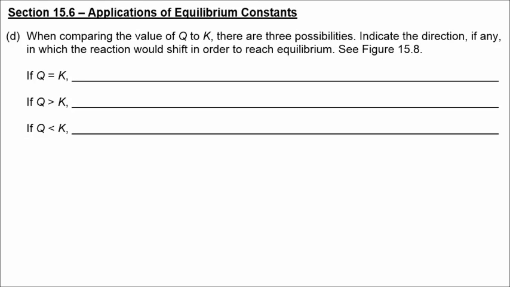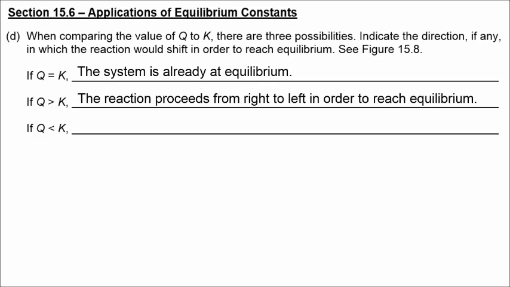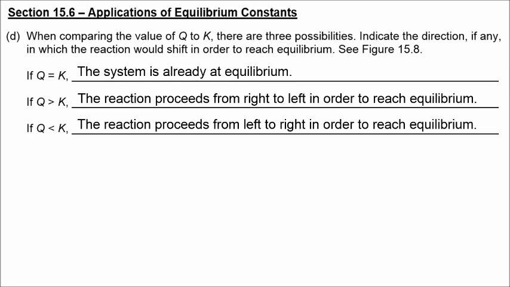So with too many products, it's going to shift toward the left. In general, if Q is equal to K, then you are already at equilibrium. If Q is larger than K, you have too many products, so it's going to shift toward the left. And if Q is less than K, you have too many reactants, so it would shift toward the right.